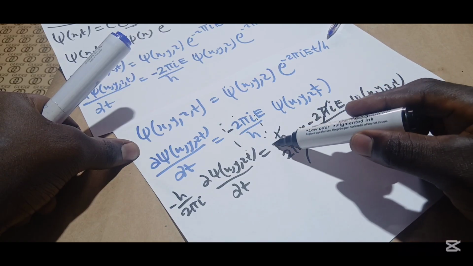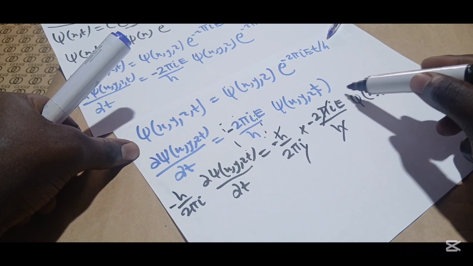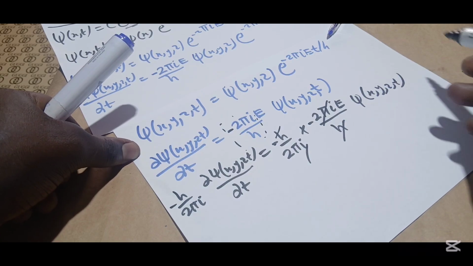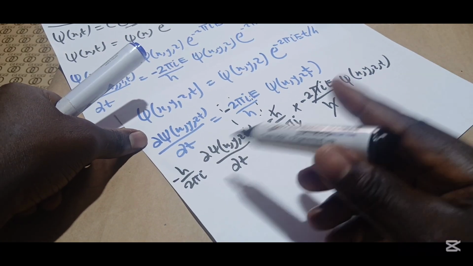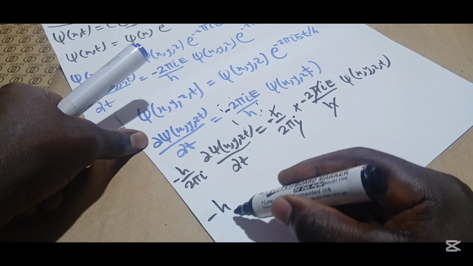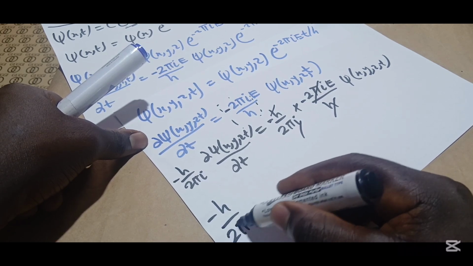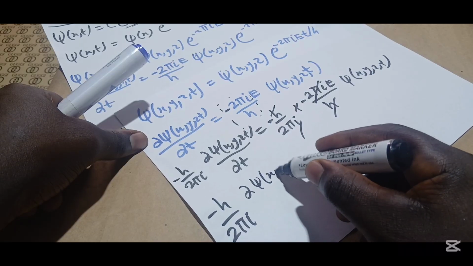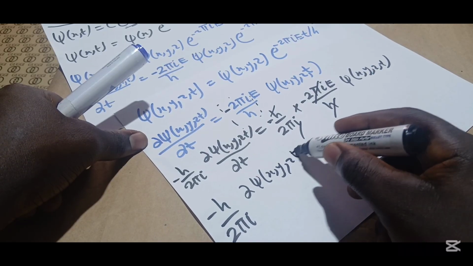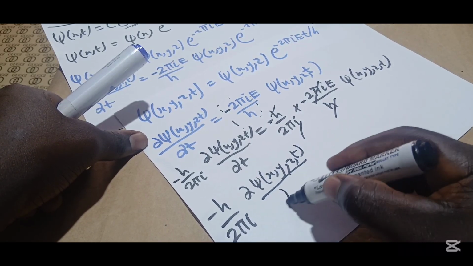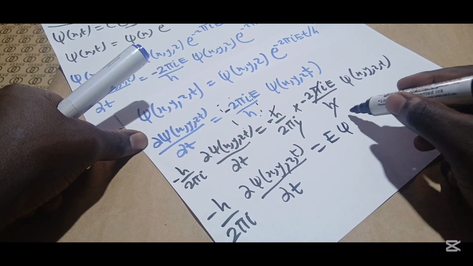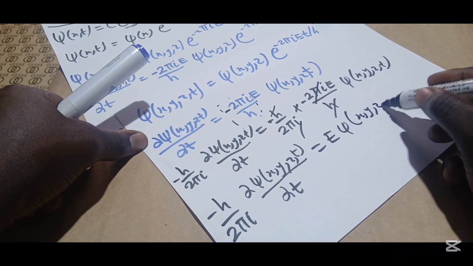Don't forget we have a negative and a negative sign here, so the whole of this term will remain positive, E multiplying the wave function. So we are going to get minus h over 2 pi i d psi of x, y, z, t over dt equated to E psi of x, y, z, t.